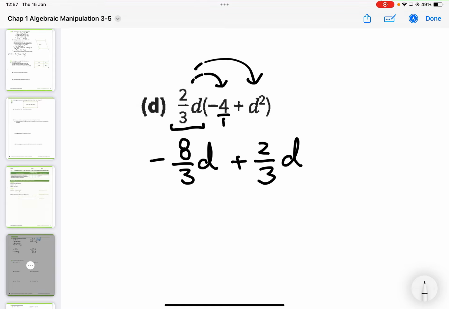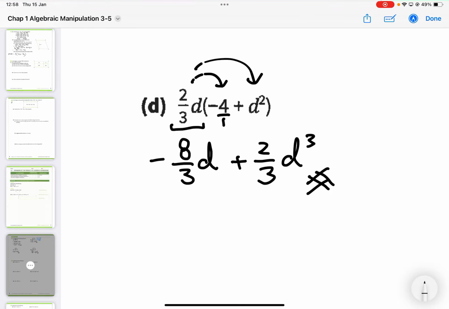Then D times D squared, so D cubed. Okay, if you don't know what the number is, you know that you are multiplying a fraction to a number, and your D is still there.